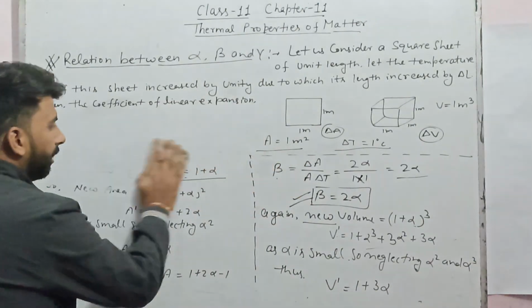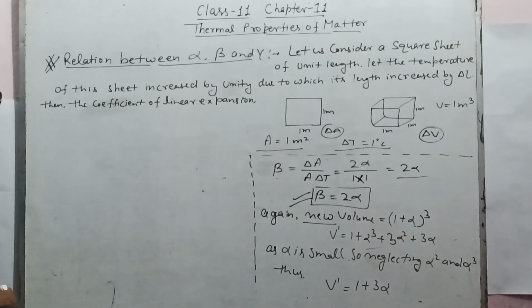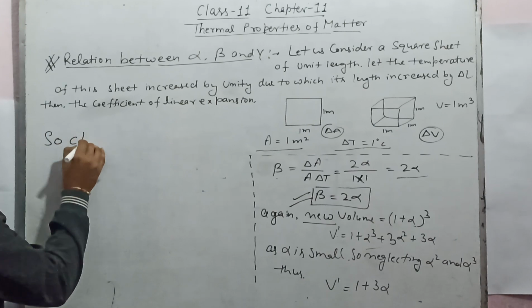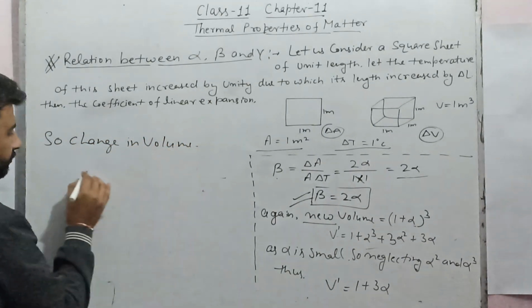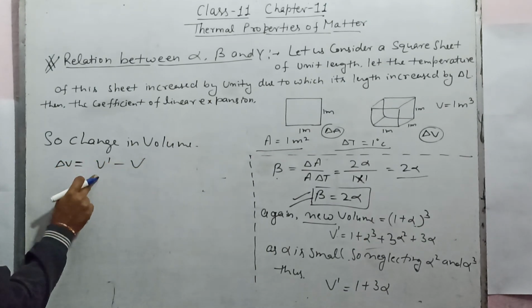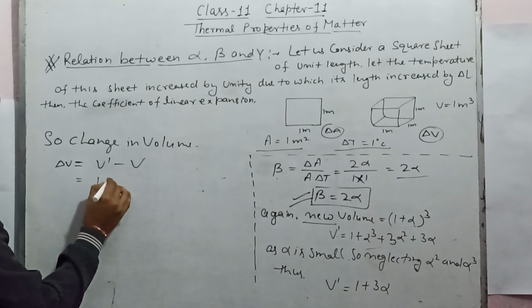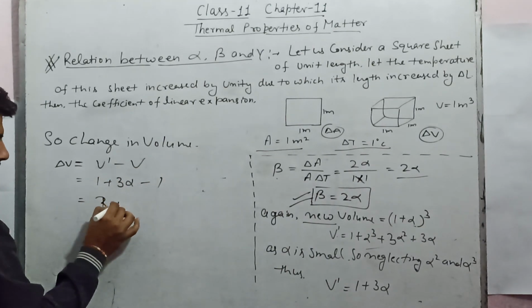Now we discuss the change in volume. So change in volume delta V is equals to V dash minus V. This means final volume minus original volume. So 1 plus 3 alpha minus 1. This means 3 alpha.